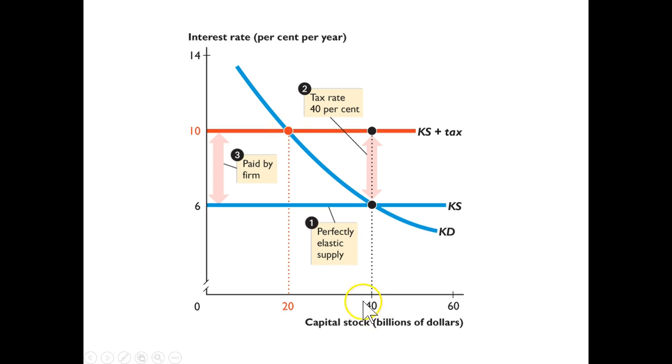We were buying and selling at 40, now at 20. So this part of the buyers' welfare has been lost. And that's entirely deadweight loss that comes from the buyer's surplus, that is the firm's surplus.